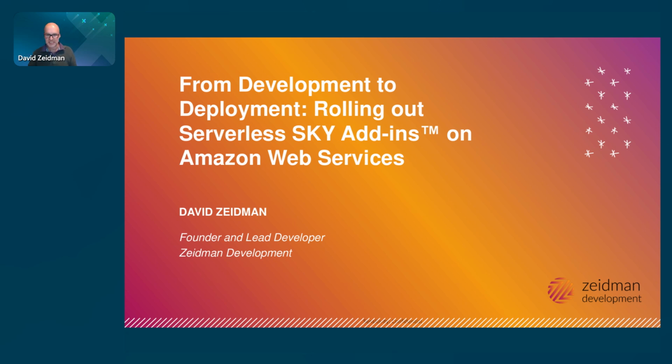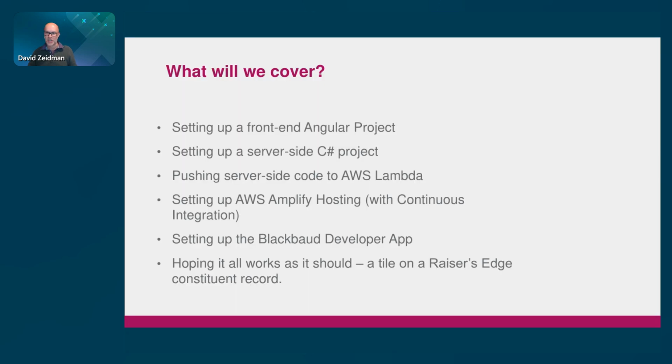So what are we going to cover today? We're going to look at setting up a front-end Angular project. We're looking at the back-end, the server side, C# project. We are looking to push the server-side code out to AWS Lambda, using AWS Amplify to host our front end, the website bit, if you like.